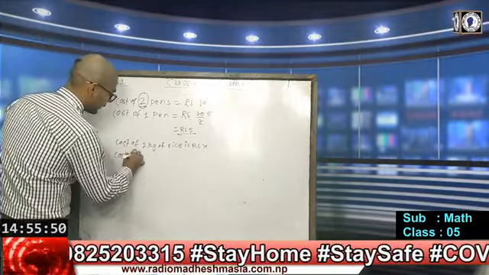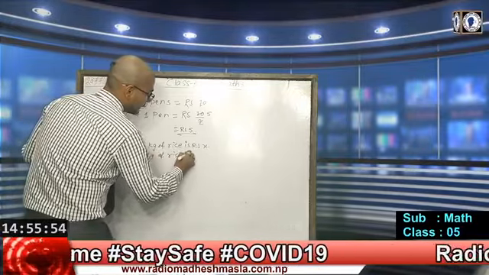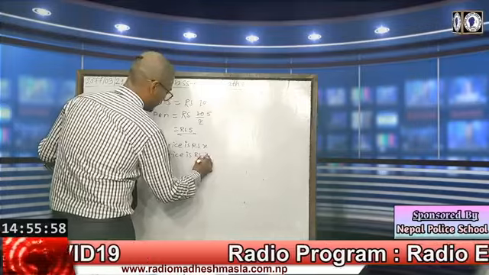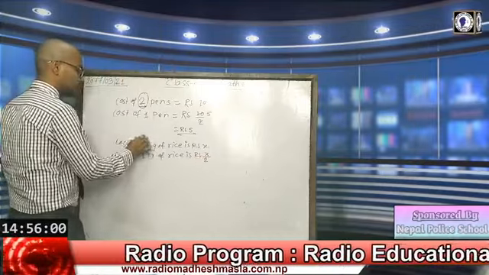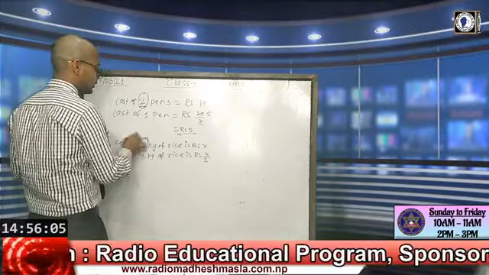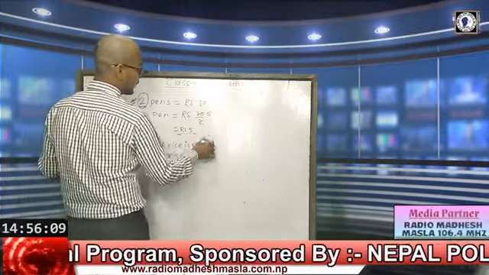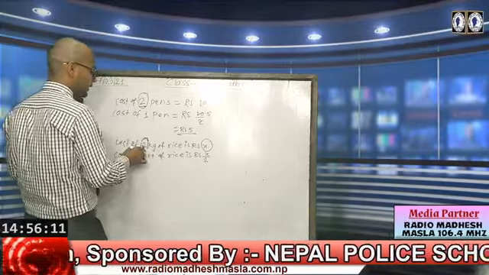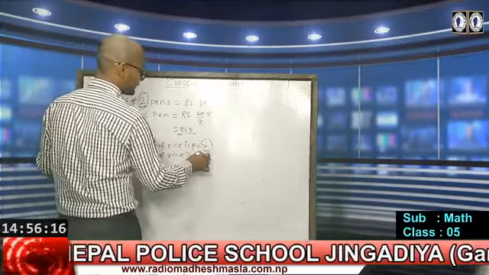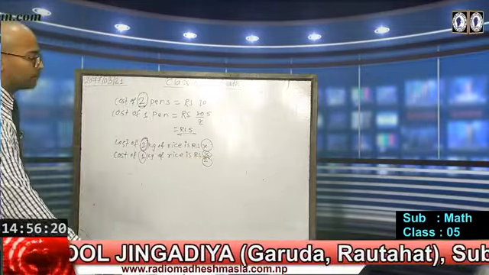The cost of 1 kg of rice is Rs X by 2, because here 2 is the total quantity of the rice and X is the total amount. To find the unit quantity, we should divide the total price, or total amount, by the total number of items.